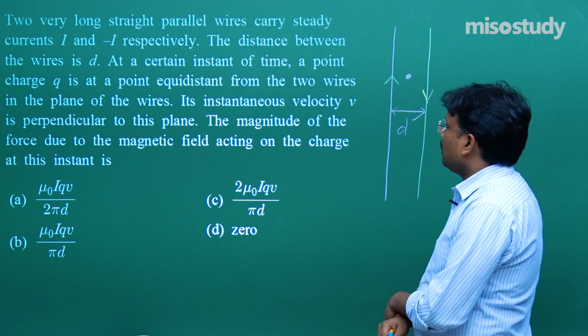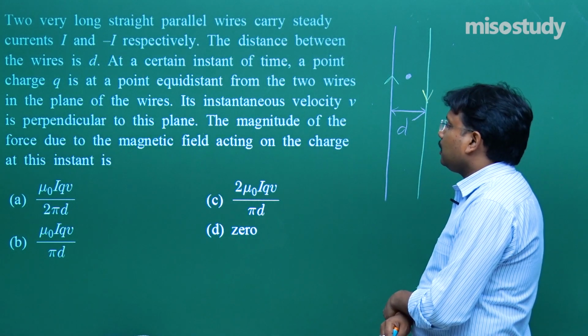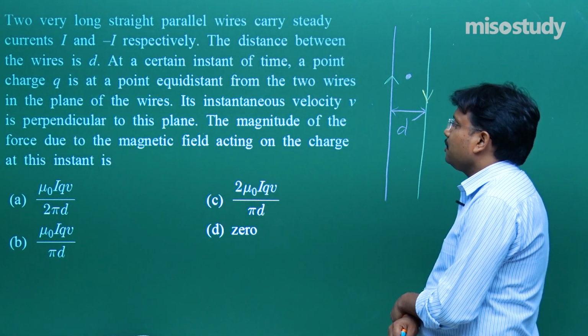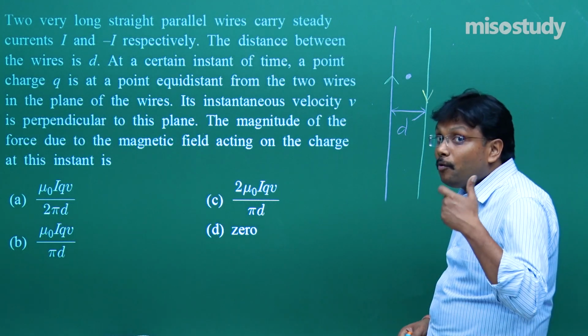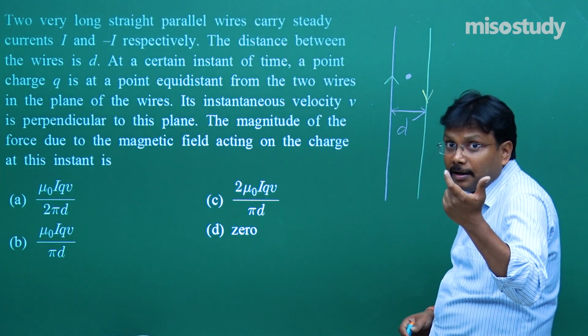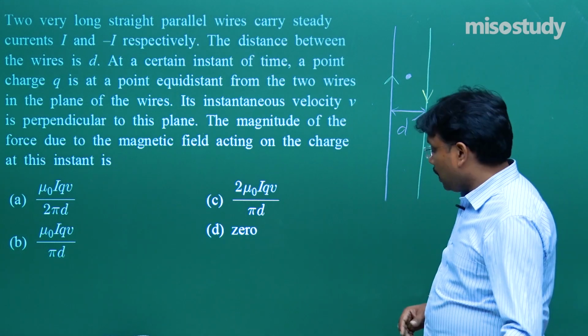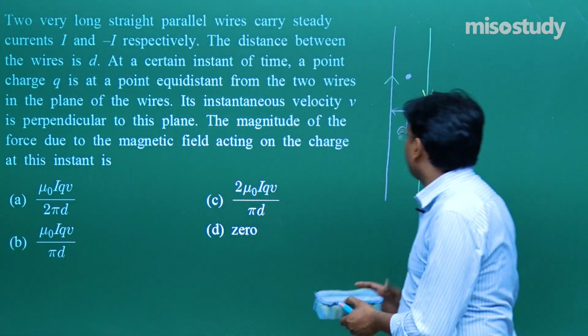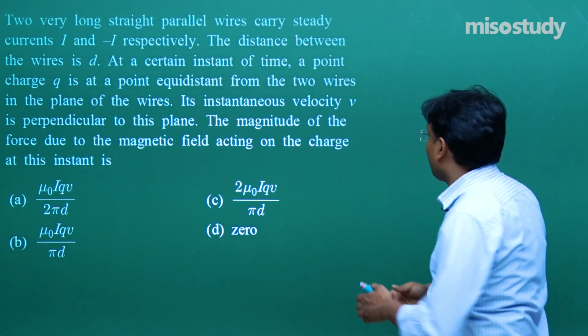The magnitude of the force due to magnetic field acting on the charge at this instant is how much? Means the magnitude of the force. Which force? Only the magnetic force is acting, so we have to talk in terms of that magnetic force. I hope the diagram is clear to all of you. So let us take a look at the solution of this problem.